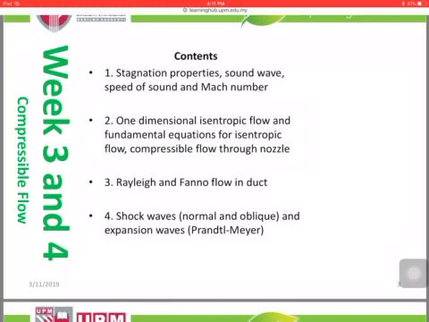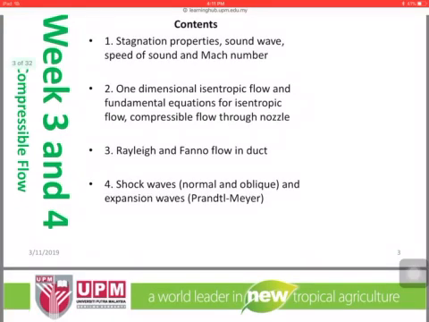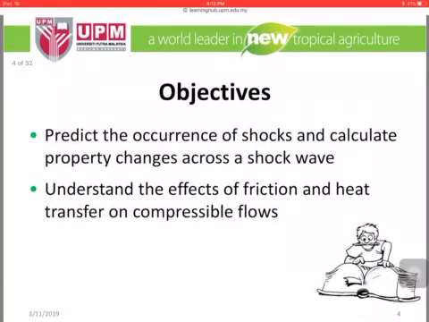So we have incompressible and also compressible. Now we are going to learn about Rayleigh and Fano flow in duct, and also shockwave, either normal or oblique, and also expansion wave, Prandtl-Meyer.